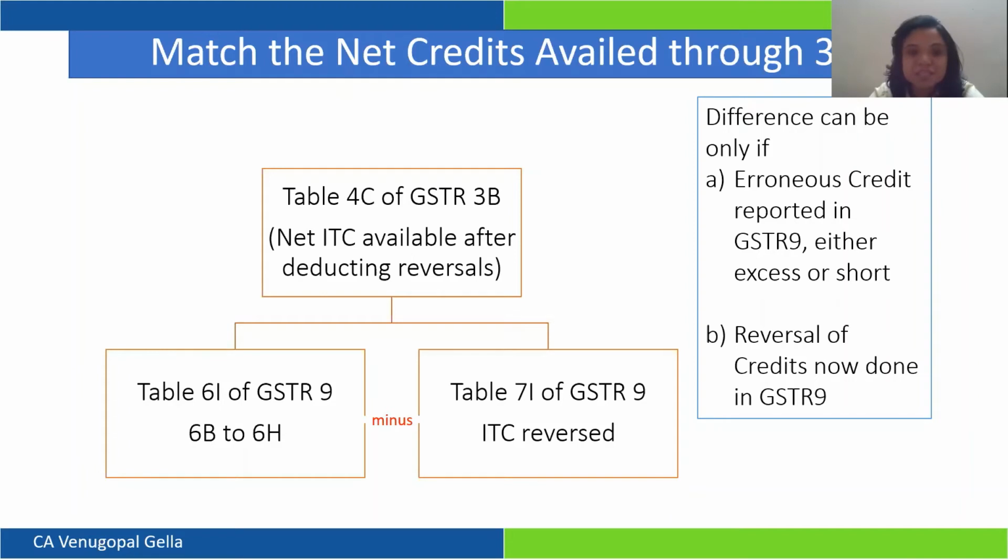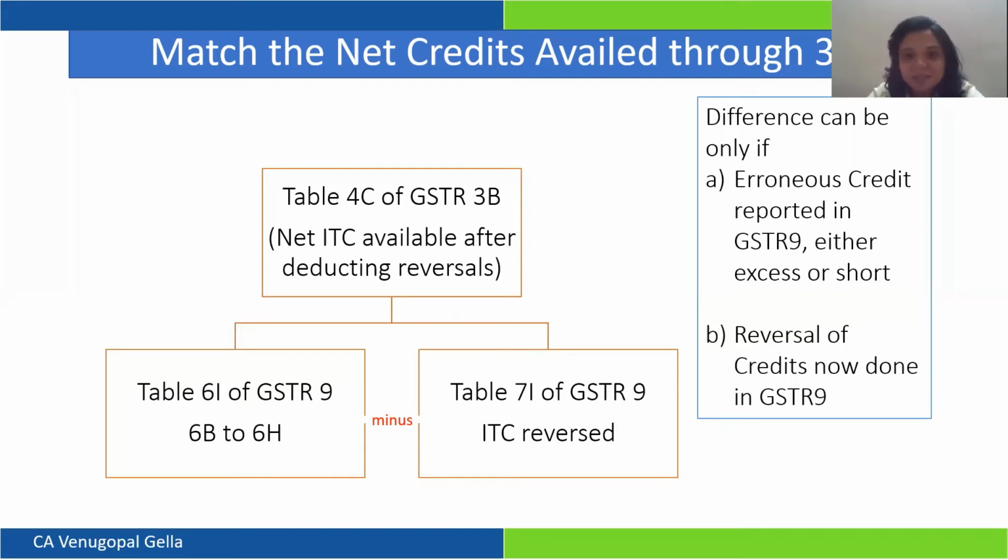So 7J is 7J of GSTR-9 I'm talking about. That is 6I of GSTR-9, that is 6B to 6H, minus all the ITC reversed during the current year, that is 7I of GSTR-9. So 6I minus 7I would give me 7J. So 7J should ideally be equal to 4C of GSTR-3B.